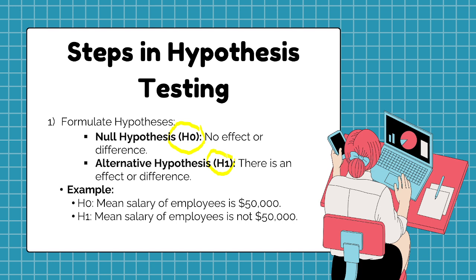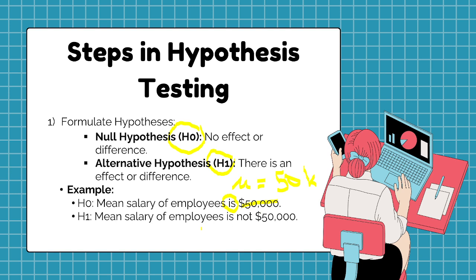For example, in this null hypothesis, we have the mean salary of employees equal to $50,000, right? So this one is no effect or difference. We can say that this is mu equal to 50,000, so no effect or difference.